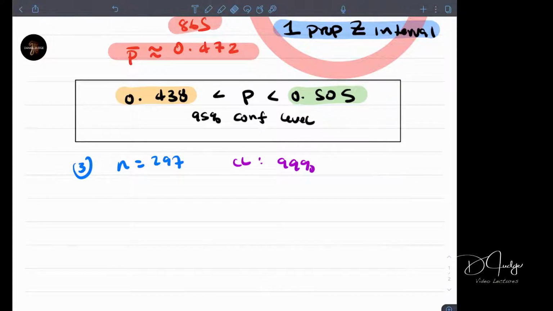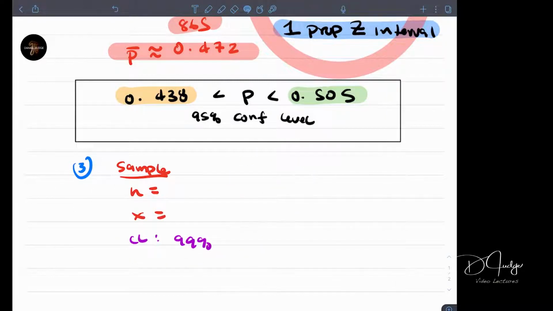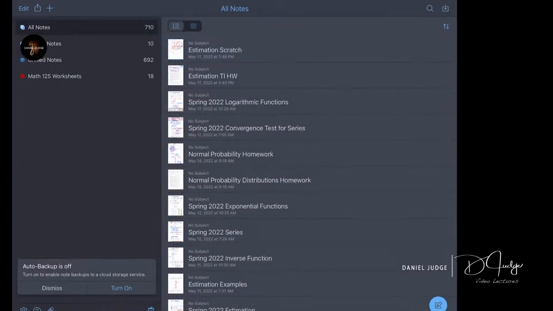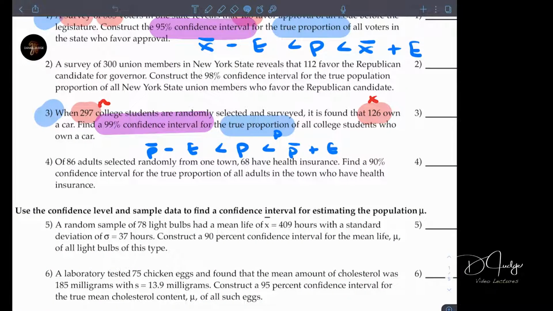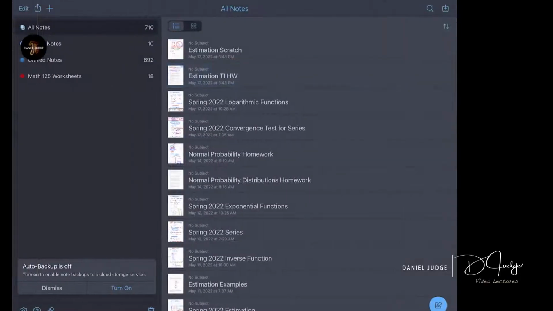Let me change that color. Right, for number 3. We're going to write down the sample information again. N and X. And I'm going to move this confidence level down here. So go back. Number 3 here. 297, 126.